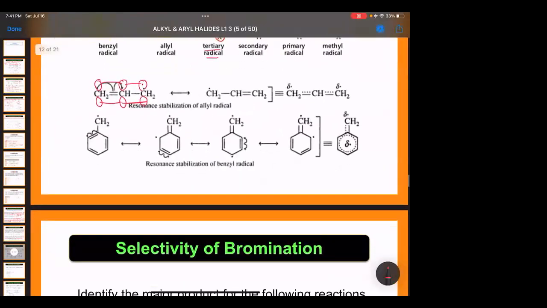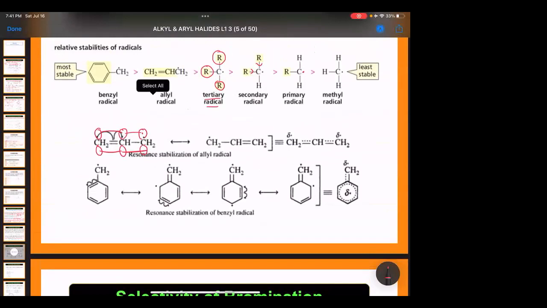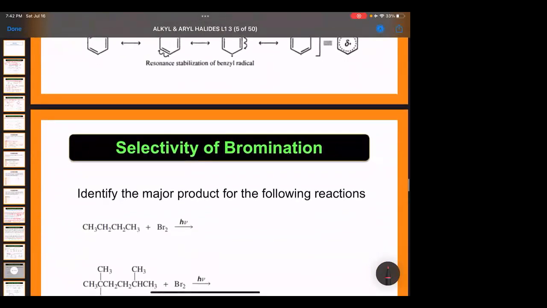But who can recognize the stability of the radical? Is it chlorine or bromine? Yeah, tell me, Vamsi. Bromine, being more selective.